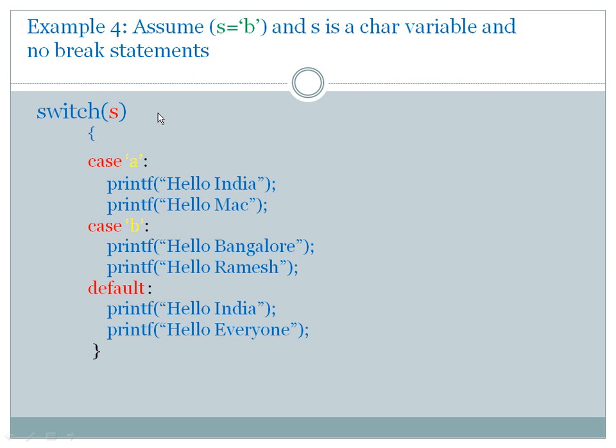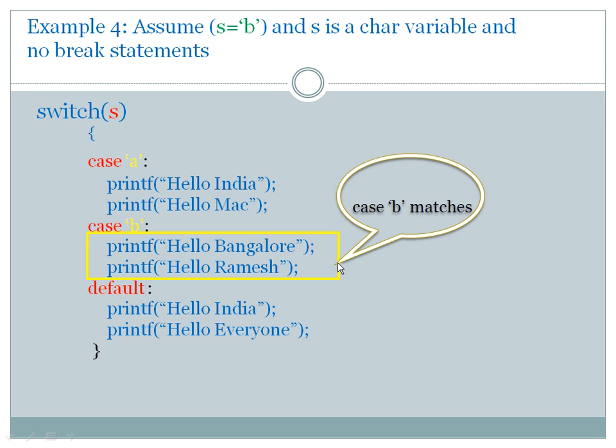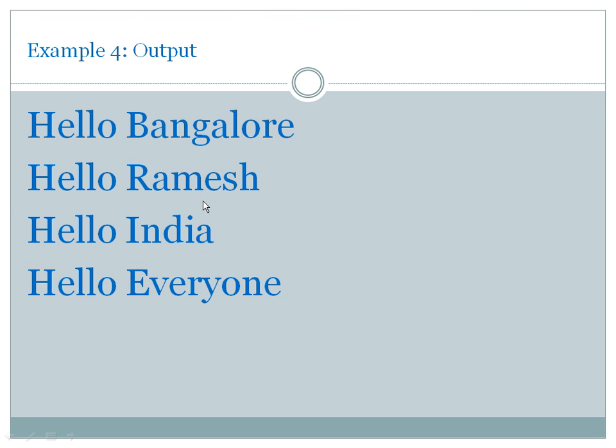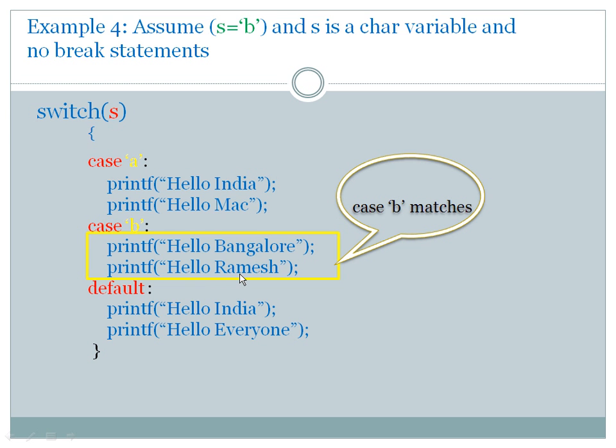S is equal to B, switch S, case B matches, but there is no break statement, hence all the statements will be executed: hello Bangalore, hello Ramesh, hello India, hello everyone. All the cases will execute. So break is very important. Otherwise all the statements below the matching case will be executed.